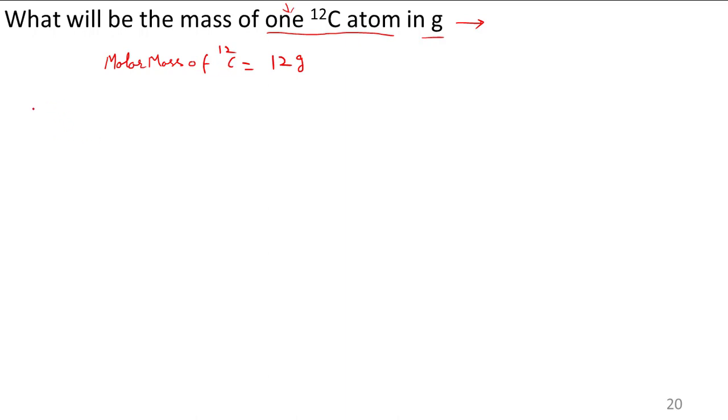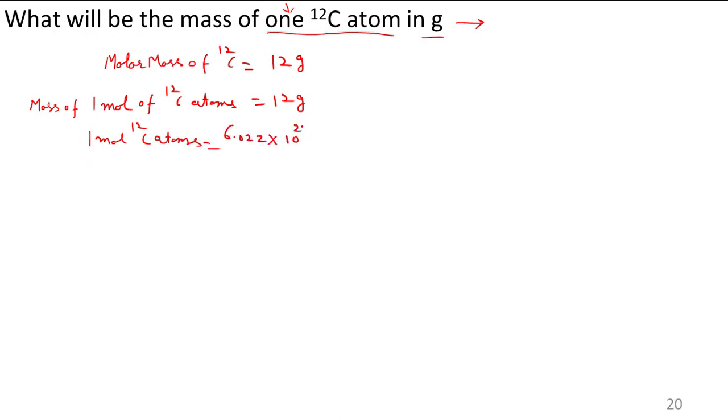Molar mass means the mass of 1 mole of C-12 atoms is equal to 12 gram. Now 1 mole of C-12 atoms is equal to 6.022 into 10 raised to power 23 atoms. This is the definition of mole.